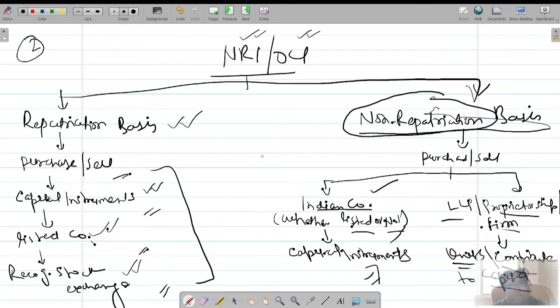That is, when an NRI or overseas citizen of India invests on a non-repatriation basis, they can invest more. There is certain relaxation: they can purchase or sell in non-listed companies also, or in an LLP or proprietorship firm.